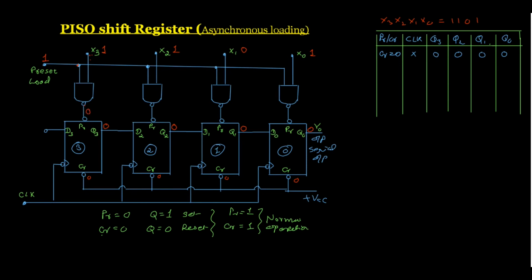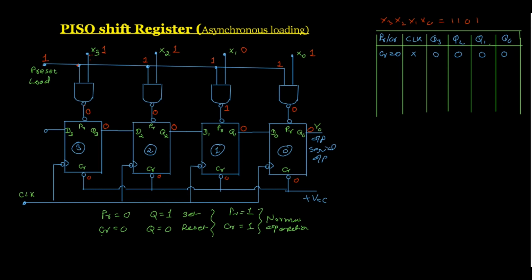Now again at this point the input is high, my X2 is also high, so the output of this NAND gate will also be 0. Here this input is 1, this is 0, and the output of this NAND gate is going to be a 1. Same way, this input is 1, X0 is 1, so the output of this NAND gate will be 0.